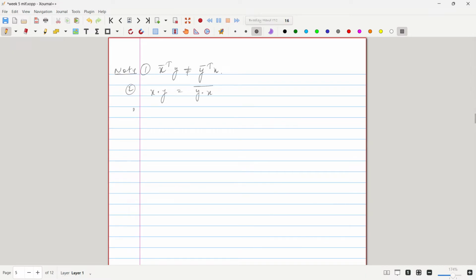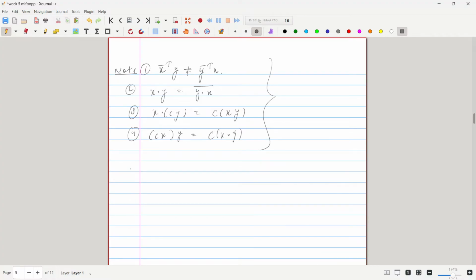Third property: x dot cy is equal to c times x dot y. Fourth property: cx dot y will be equal to c times x dot y. These are some properties which you have to keep in mind.